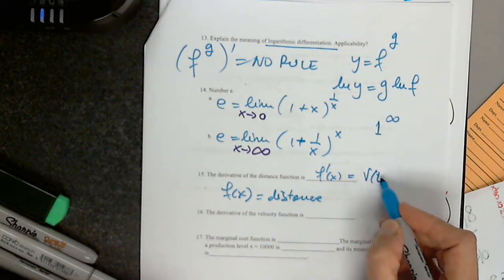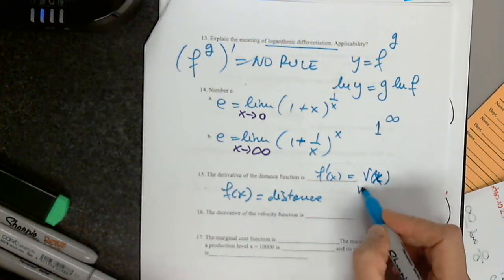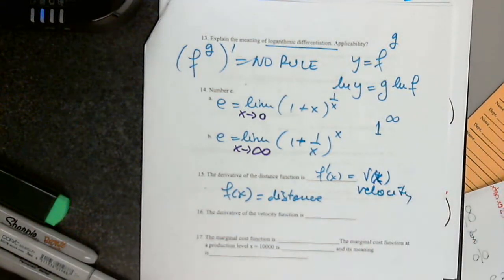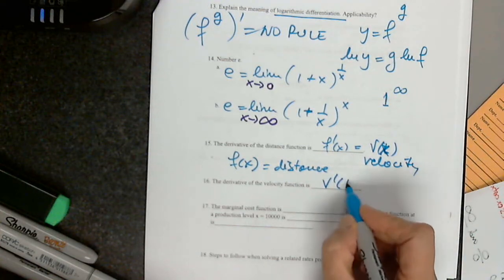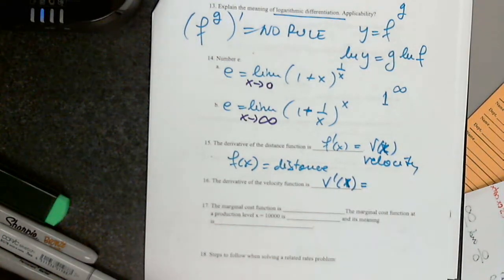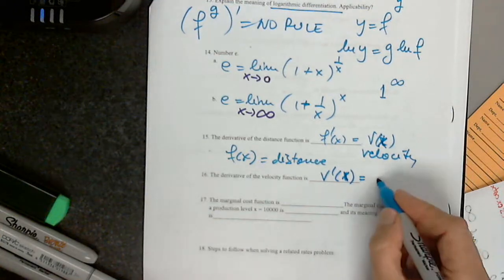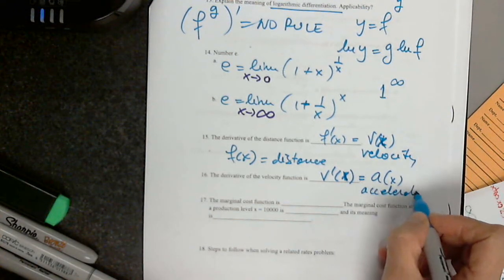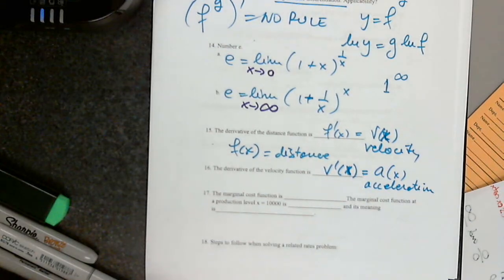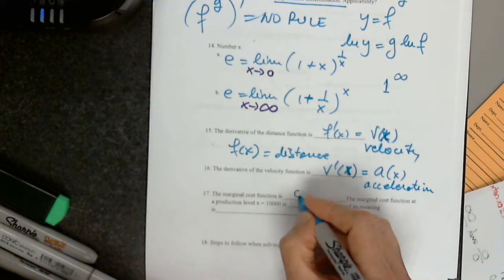Very good. So v of x, velocity. Perfect. The derivative of the velocity function, which is v prime of t or x, I'm going to put x, that is, right, the acceleration function.